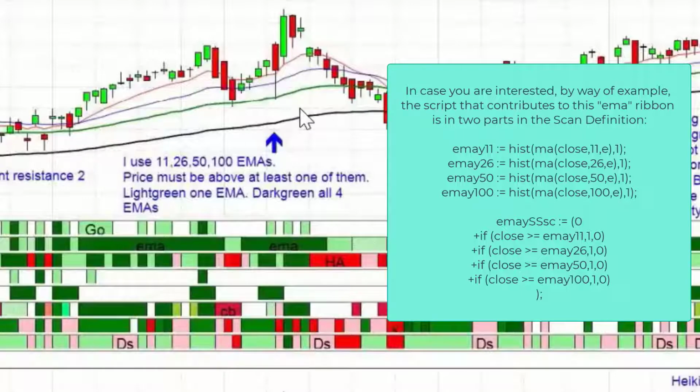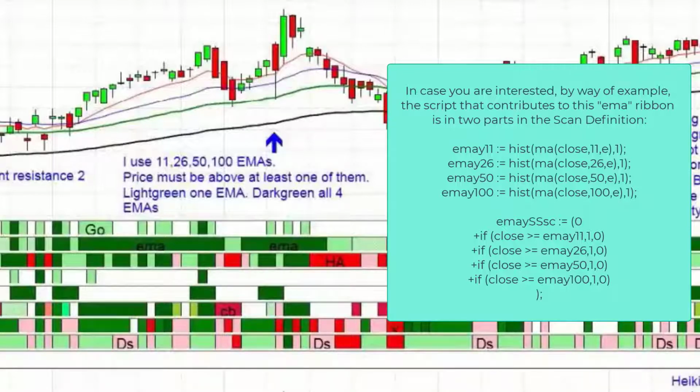Different ones. If the color down below in this ribbon here is light green, very light green, that means the price is above at least one of these EMAs. If it's dark green, it's above all four of them.